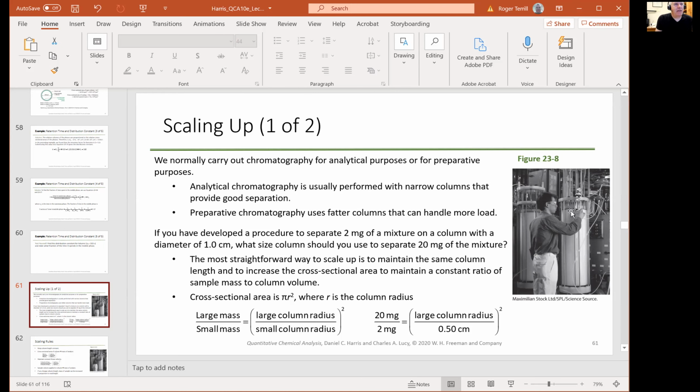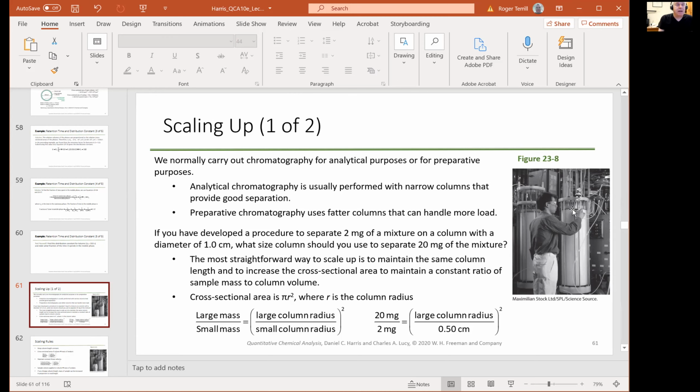But this type of column is not unheard of, right? It's basically just a big old huge packed column. And if you have a really challenging pharmaceutical preparation and you have to do preparative HPLC, it's doubtful that that drug is going to get to market.